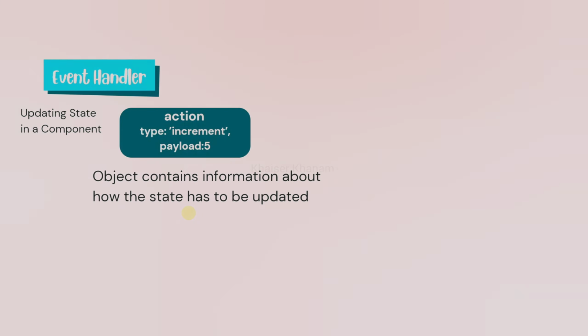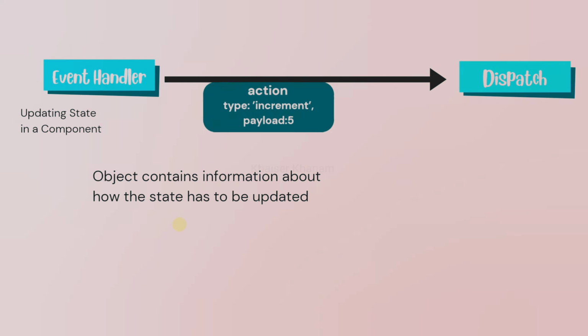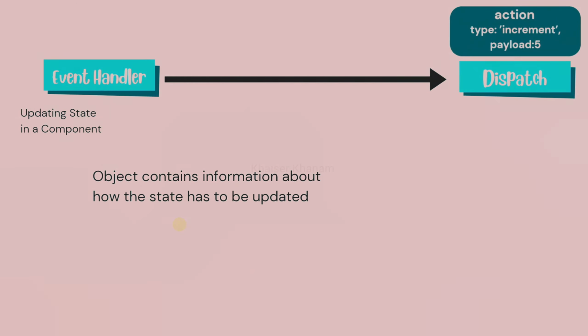An action is nothing but an object which contains information about how the state has to be updated. Then we call the dispatch function, and inside it we pass the action, which has the entire information on how the state has to be updated.